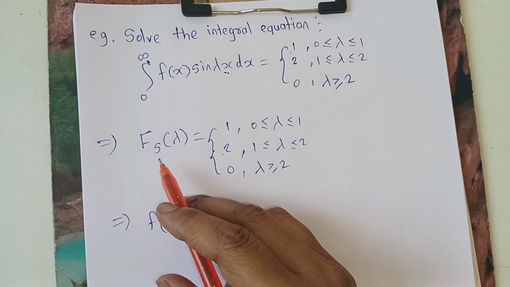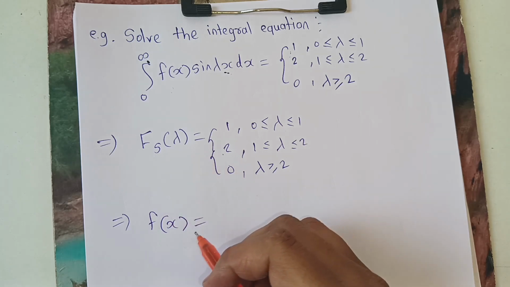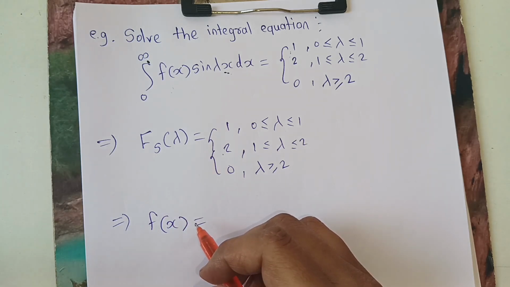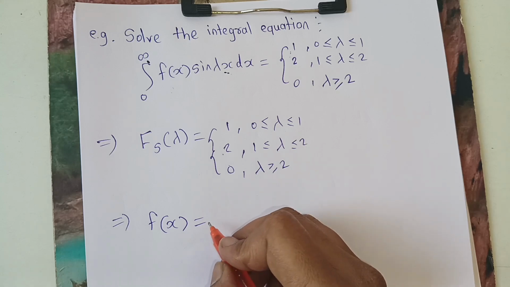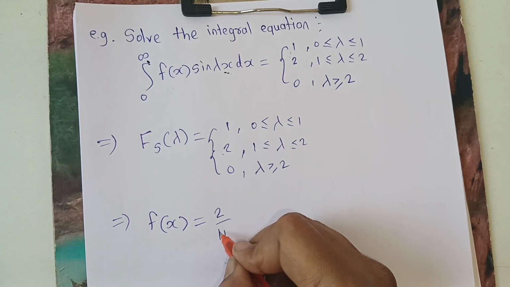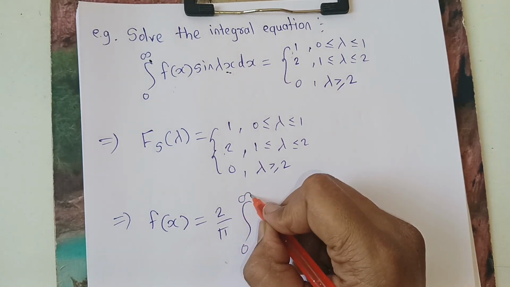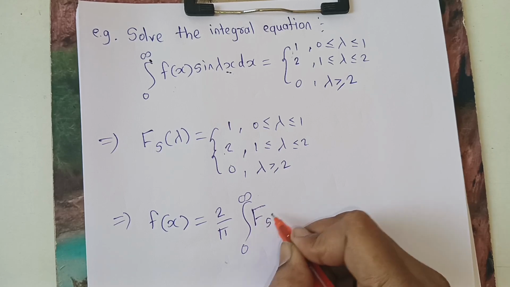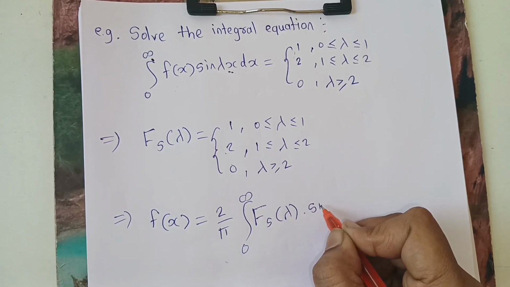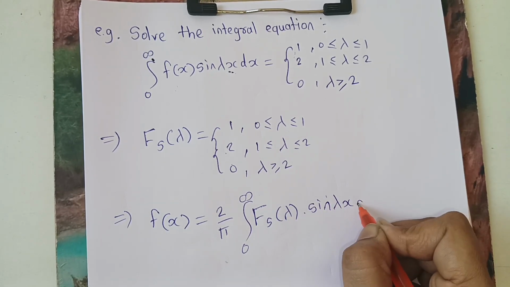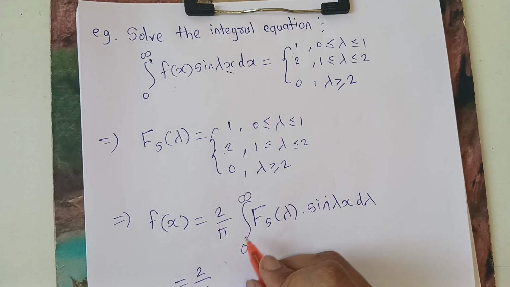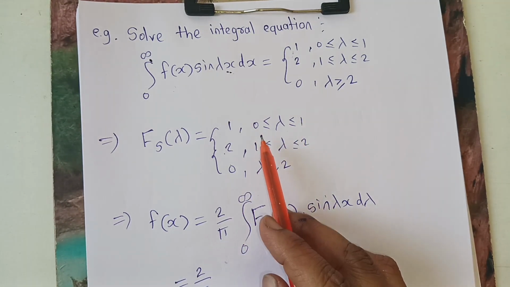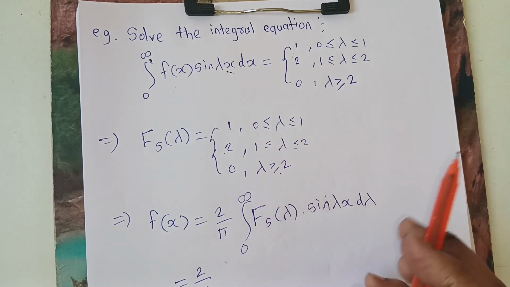So what can we use? Fs of lambda is in your hand, so you can use the inverse sine transform. So f of x is equal to 2 by pi, integral from 0 to infinity of fs of lambda sine lambda x d lambda. This is the formula. Now 0 to infinity is divided in 3 parts: 0 to 1, 1 to 2, and 2 onwards.